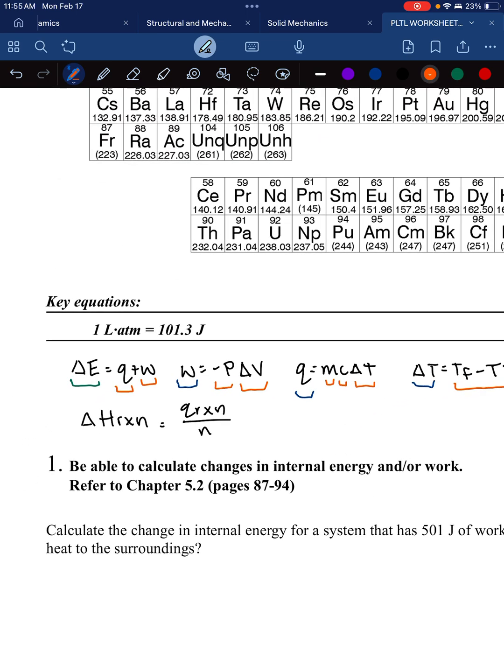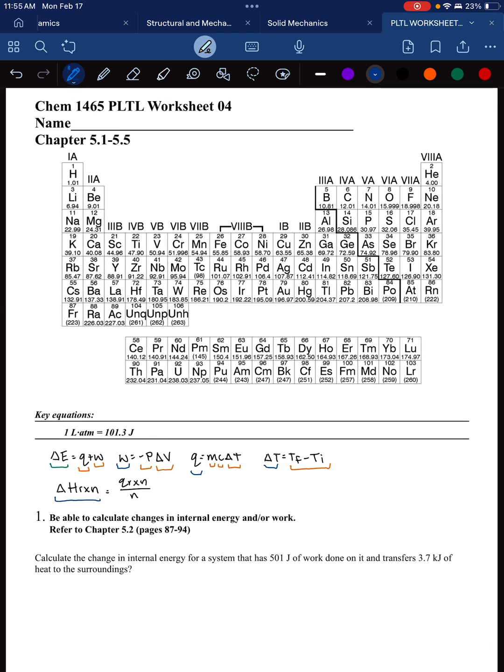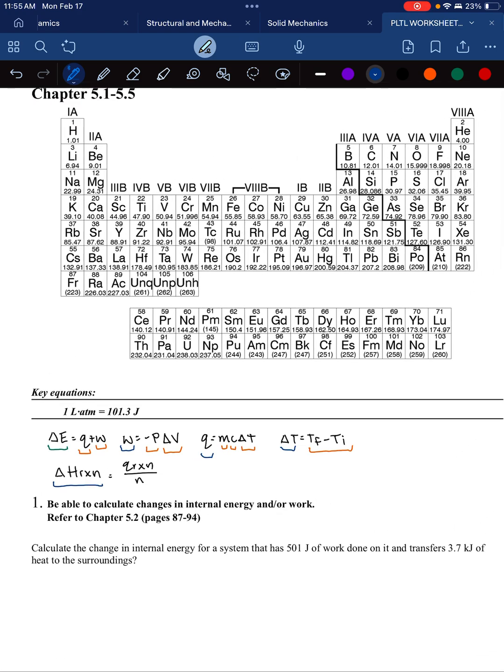And then the last equation over here, we have delta H of the reaction, so the change in enthalpy for the reaction. Heat flow and enthalpy are very similar concepts. It's just a change in energy, but when you're talking about enthalpy, it's for a reaction, while heat flow is more generic.